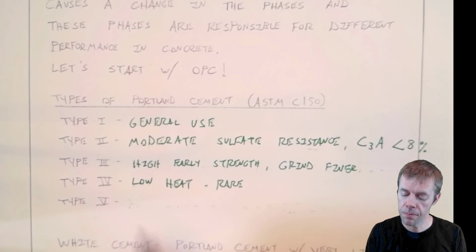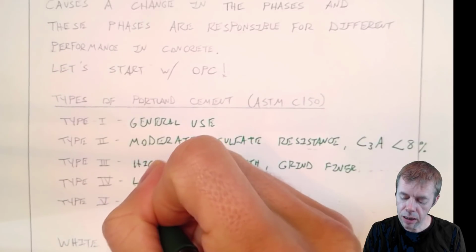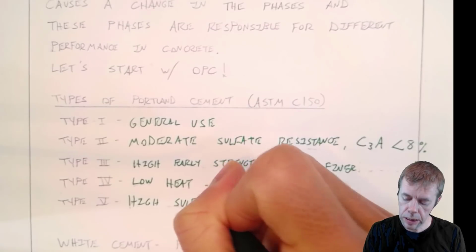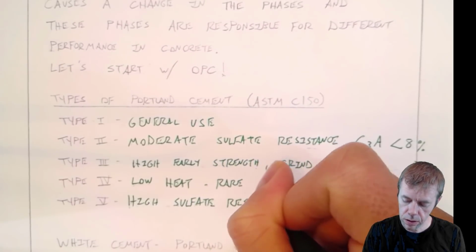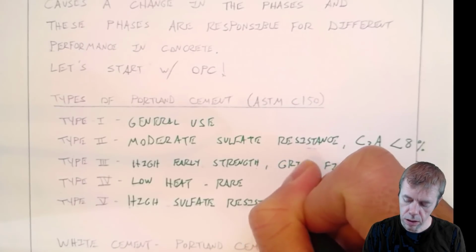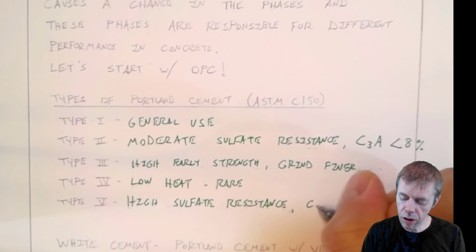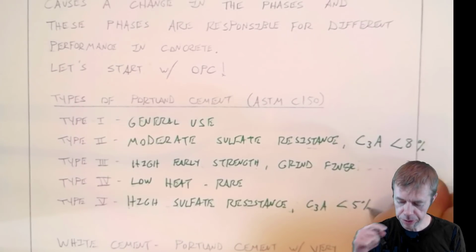And there's type 5. And this is high sulfate resistance. And in this case, you're going to limit your C3A content to be less than 5%.